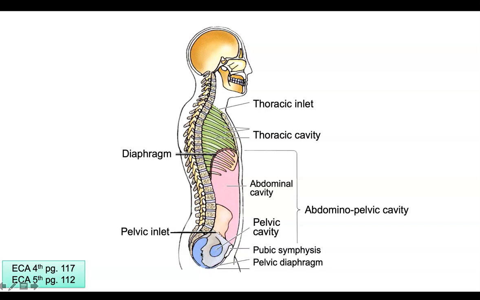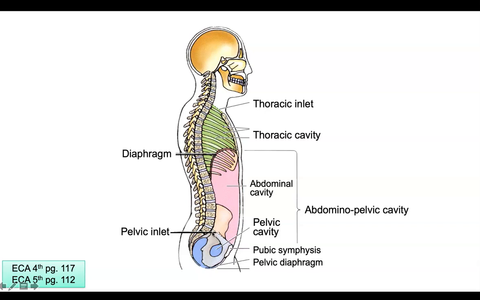The pelvic cavity is situated at the posterior inferior side of the abdominal cavity. See, the sacrum has a curvature, and the pelvic cavity lies posterior inferior to the abdominal cavity. The abdominal cavity is continuous with the pelvic cavity, so that's why we call it together the abdominopelvic cavity.